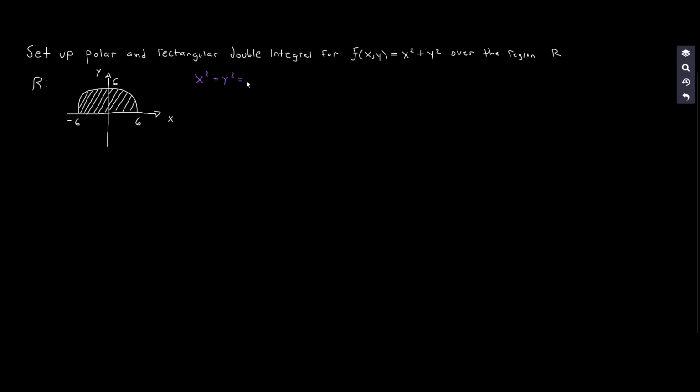And if it's a circle with radius 6, well, 6 squared is 36. So x squared plus y squared equals 36.